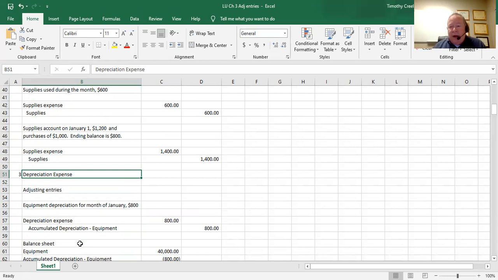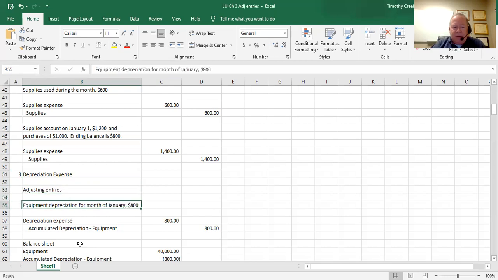So if you've got a vehicle, as you drive that vehicle and as you use it in the ordinary course of business, you're going to recognize depreciation because you're expensing off the use of that asset in your business. And so depreciation would be considered an adjusting entry made at the end of the period based on what methods of depreciation that you use with your assets.